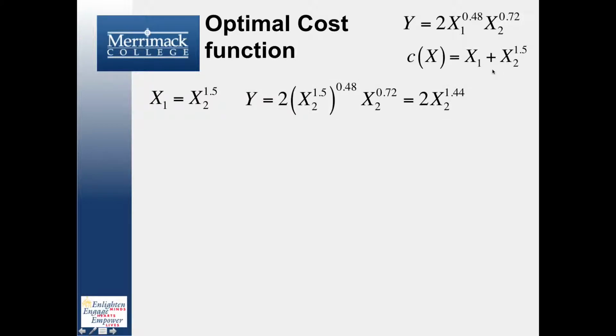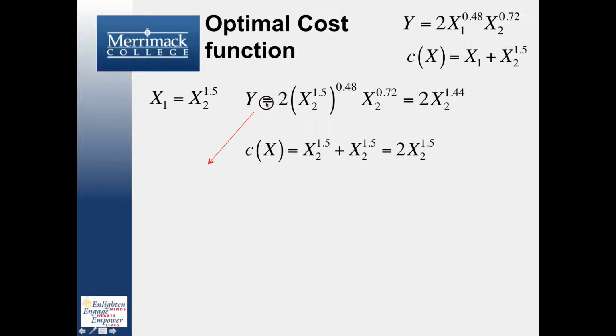And what I want to do here is get a function of c with respect to y. So I want y inside here. So I'm going to play around with this a little bit. I know that x1 equals x2 to the 1.5, so I'll plug that in here and come out with y as a function of x2. And I also know this, so I know c is a function of x2.